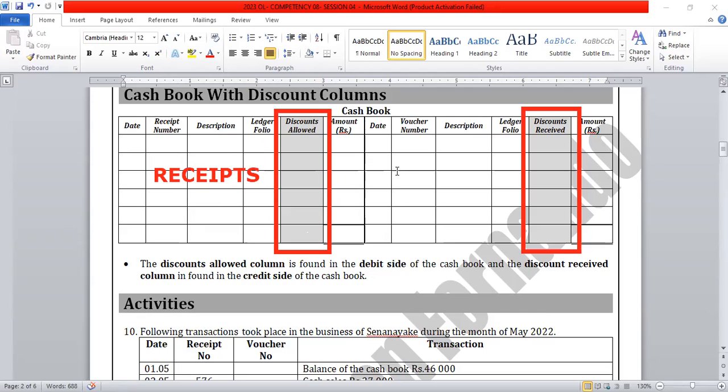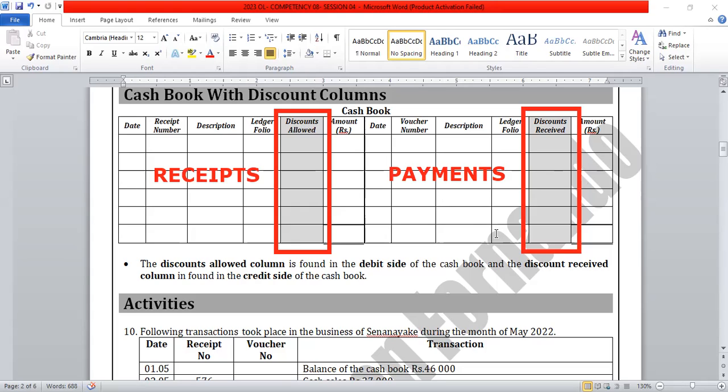The next one, the other side. This is the payment side. Here we record all the payments. I told you, we receive the discount when we pay a creditor. Therefore, we have to record the discounts received in the credit side of the cash book. Okay?